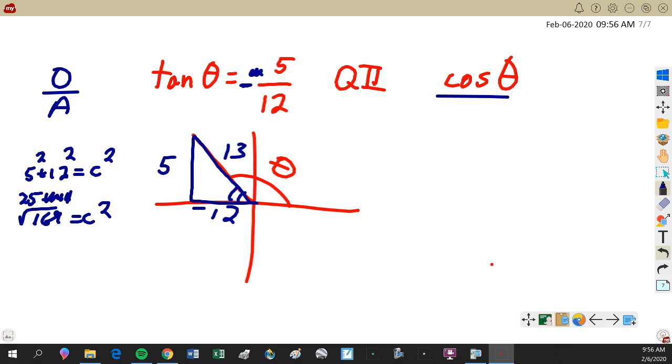I go and calculate what is the cosine of theta. Well, cosine is adjacent over hypotenuse. The answer is negative 12 over 13. Okay, let's try another one.